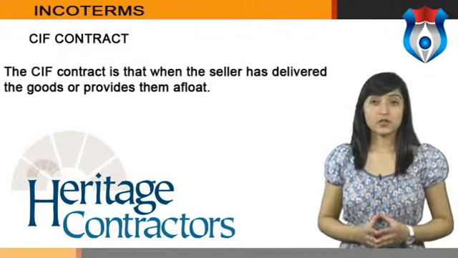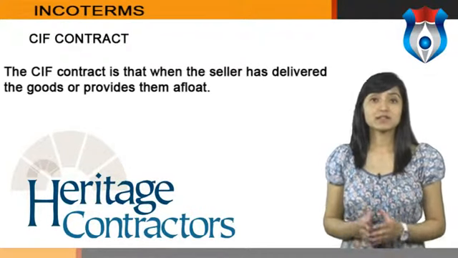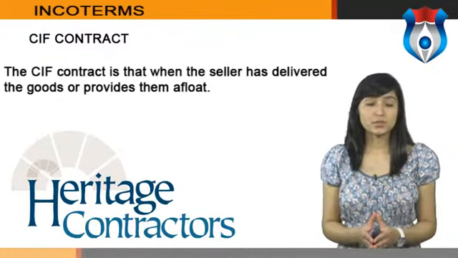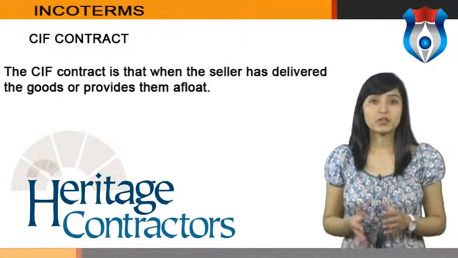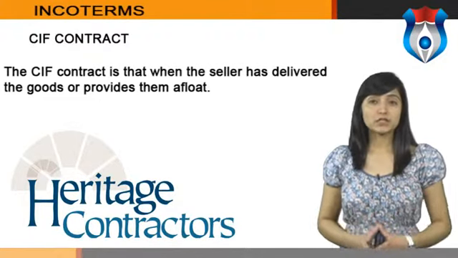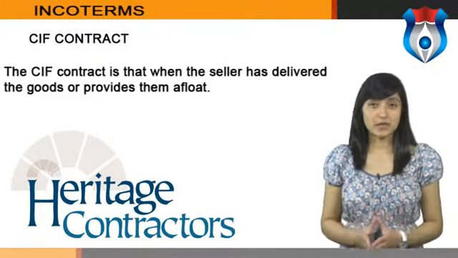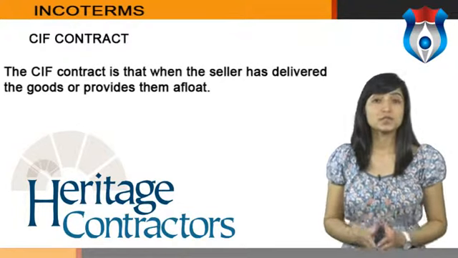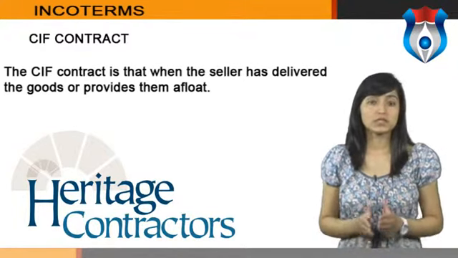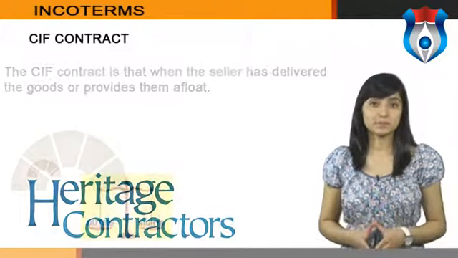The CIF contract is one in which the seller has delivered the goods or provides them afloat. The seller has to perform the contract by tendering conforming documents to the buyer. The significant feature of a CIF contract is that performance of the bargain is fulfilled by delivery of documents and not by actual physical delivery of goods by the seller.